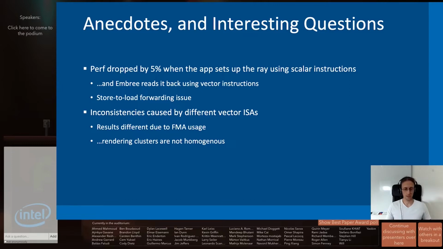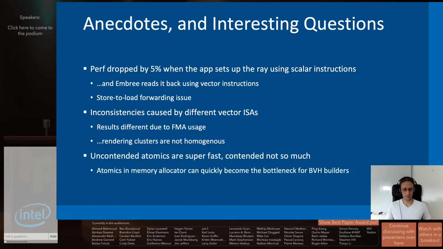So what happened is that sometimes when they rendered an image on these old machines, they had different rounding and therefore tiny differences in the image. And for them, this was not acceptable, so we had to force Embree to use the old ISA to get consistent ISA handling over the entire cluster.